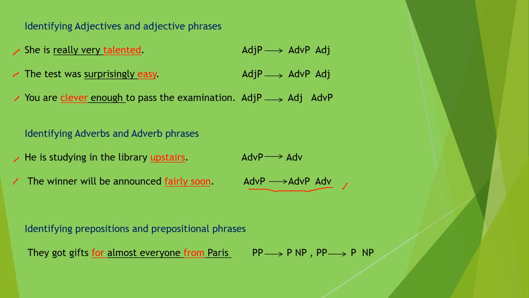In a prepositional phrase we have a preposition and a noun phrase. So in the first one "for" is the preposition and "almost everyone" is a noun phrase. In the second, "from" is the preposition and "Paris" is the noun phrase. Alright, we have covered all the phrases here, and now we'll move forward to clauses.